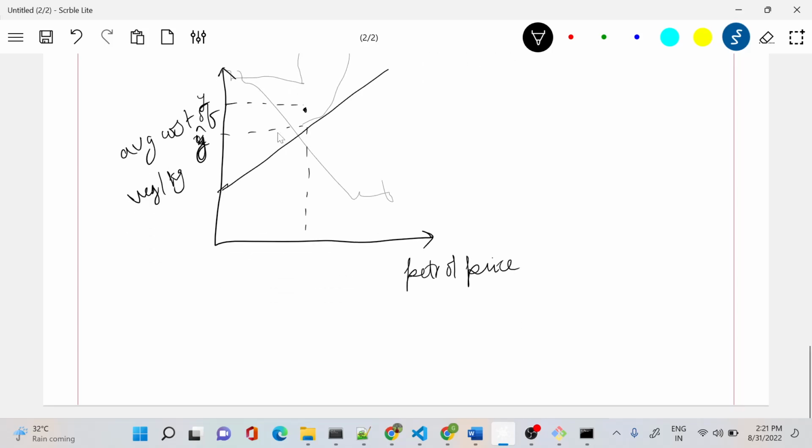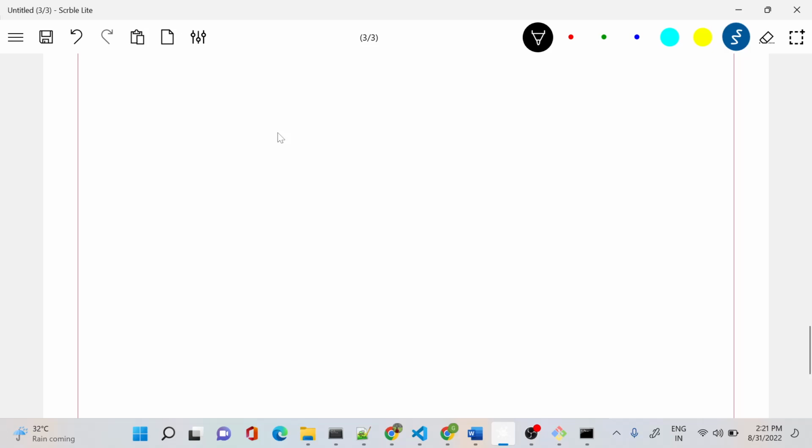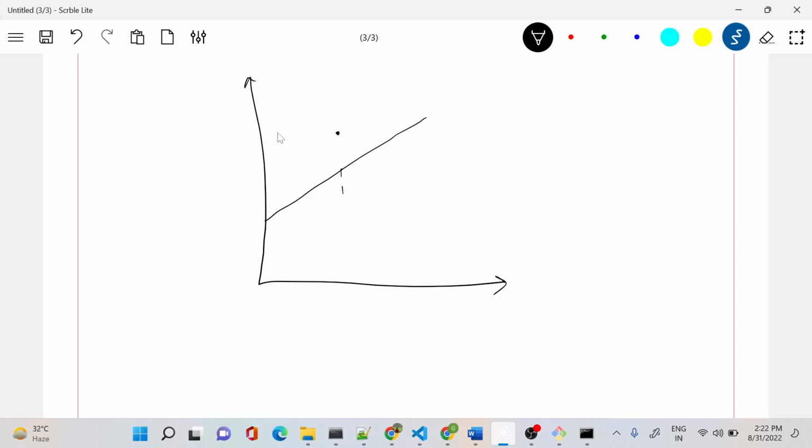I know it's quite a mishap here, so let's take another graph. Sorry for that. There will be just one data point. This is our data point. For a given petrol price, we have predicted our vegetable price to be this.